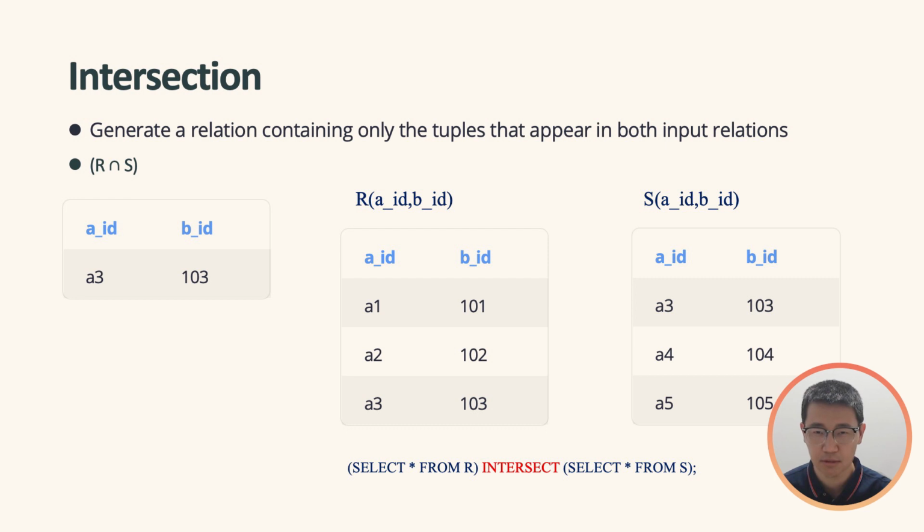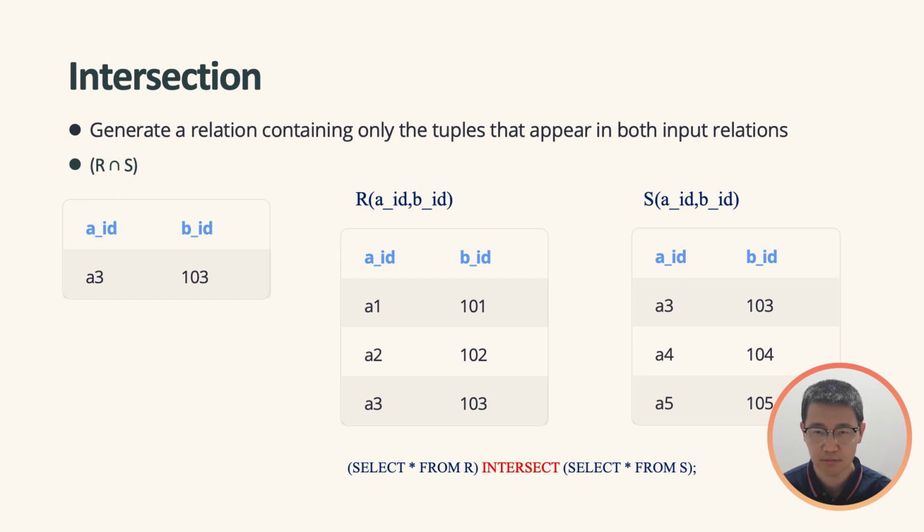I'm looking for A1, but A1 isn't there. Not A2, but A3 is present. If A3 is present, then 103 should also be present. We don't have A4. A5 is not available, but I found A3 and 103.